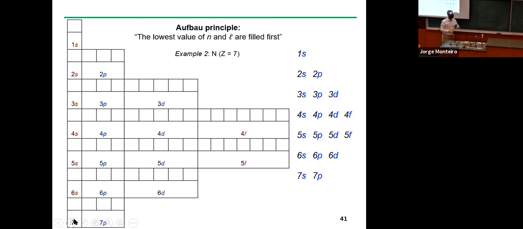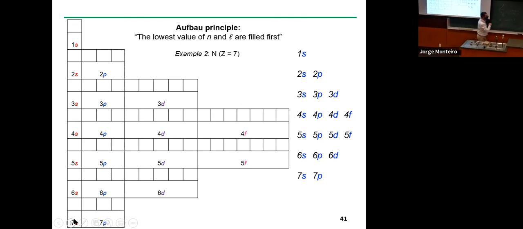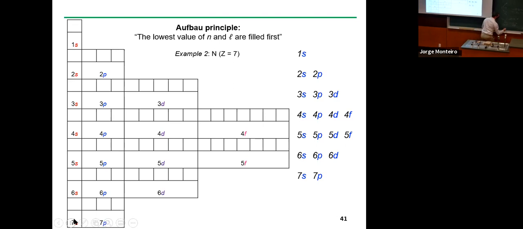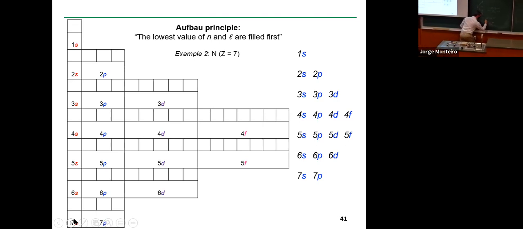Let's look at the valence electrons for now. We are going to have 2 electrons in the 2s orbital, one up, one down, and then 3 electrons in the p subshell. As you have learned, you put one here, the next one goes here, and the third one goes in the last slot.